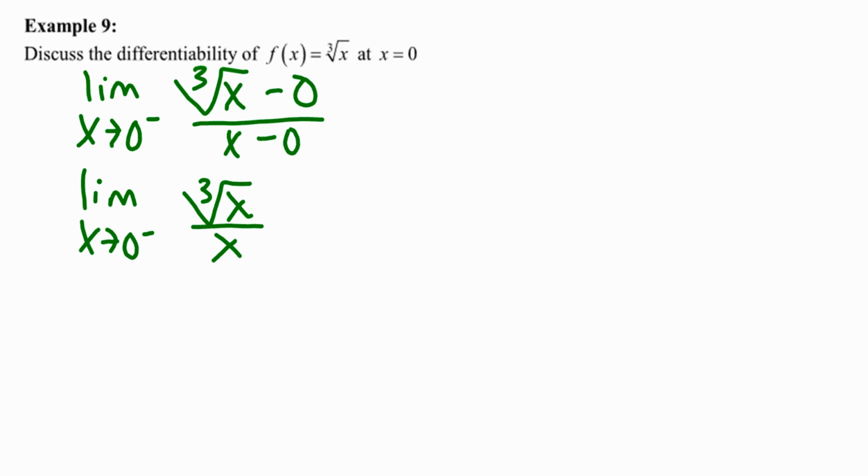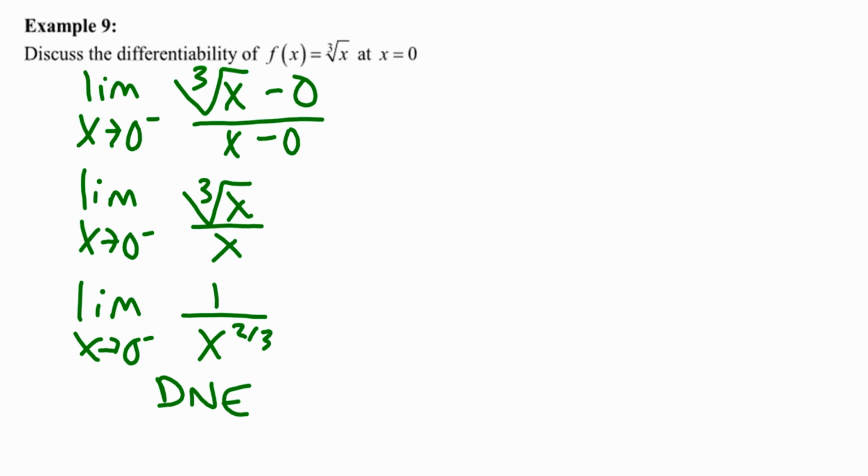Well, that's really x to the 1/3 over x to the 1st. Okay, so I could write it as x to the 2/3 in the bottom. And x to 1 over x to the 2/3 is x, as we put in a 0 there, we can't have a 0 in the denominator. Okay, so this doesn't exist, or you can say technically infinity.